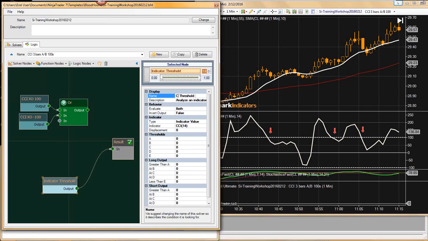Okay, let's name this first. All right, so we're looking at the 100 and negative 100 threshold levels for the CCI. Okay, so let's put our threshold levels in here.